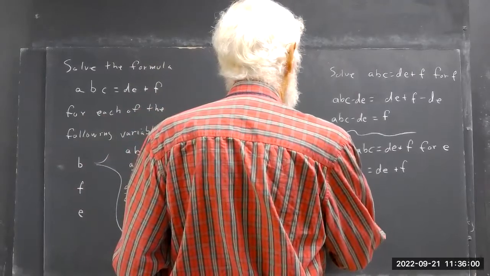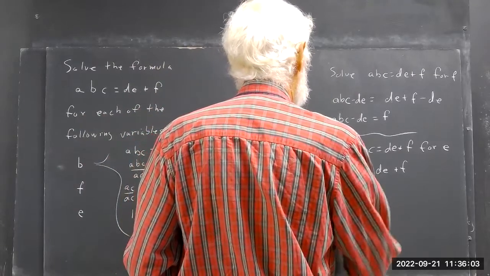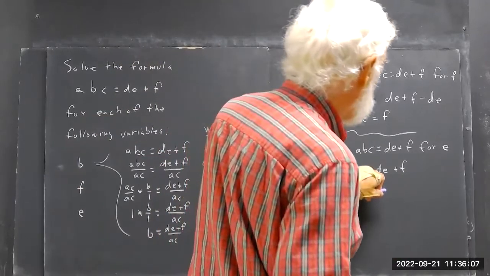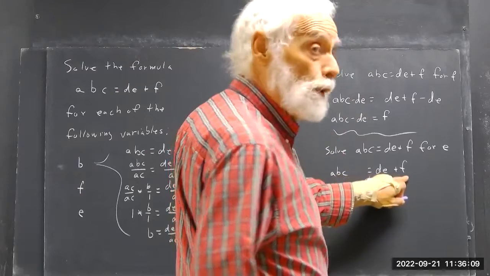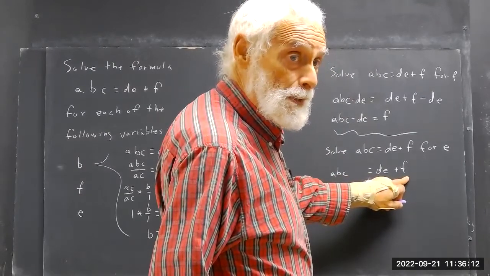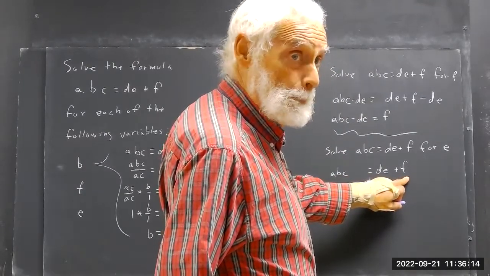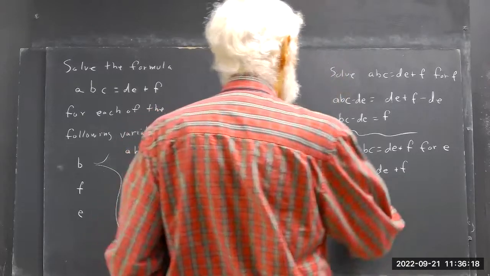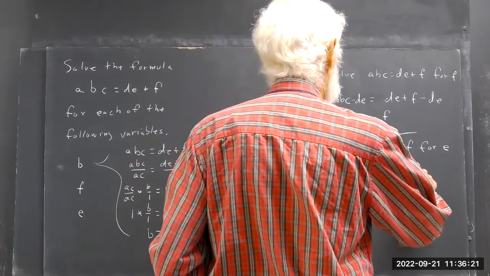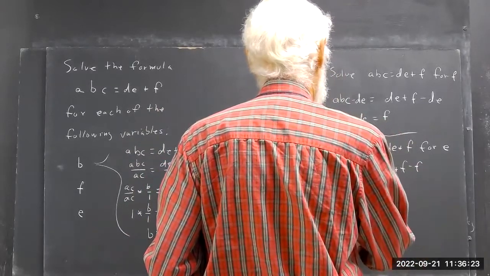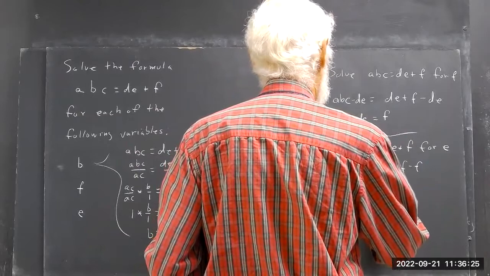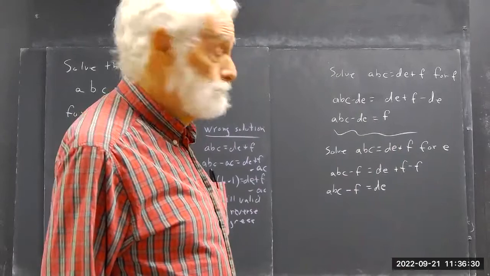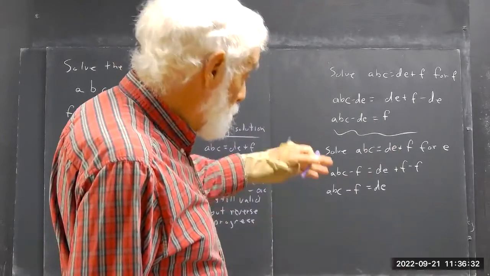So we do ABC. Okay. What I want on this side, I don't want the D and I don't want the F, right? Which one can I get rid of in one step? The F. Subtract F from both sides. Okay. Now what do I do to both sides?